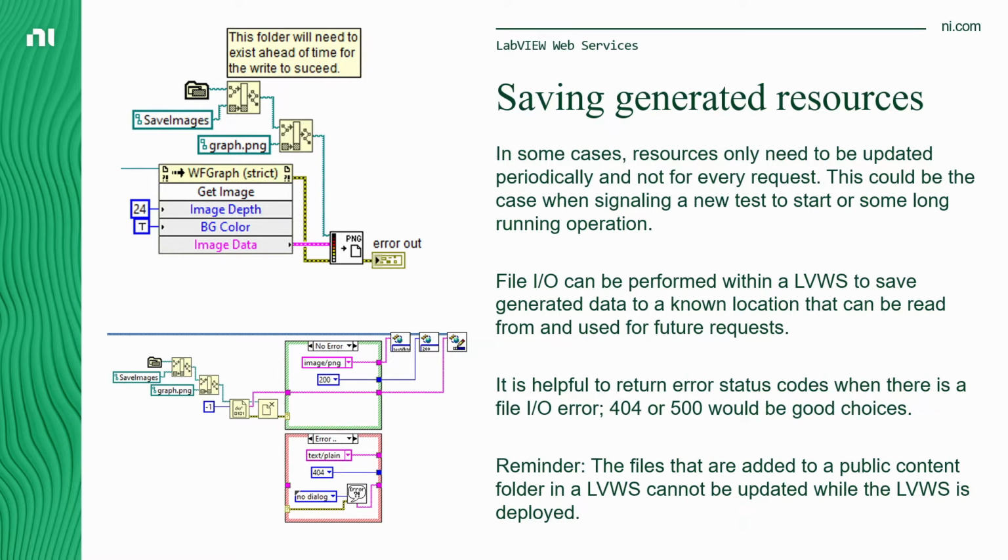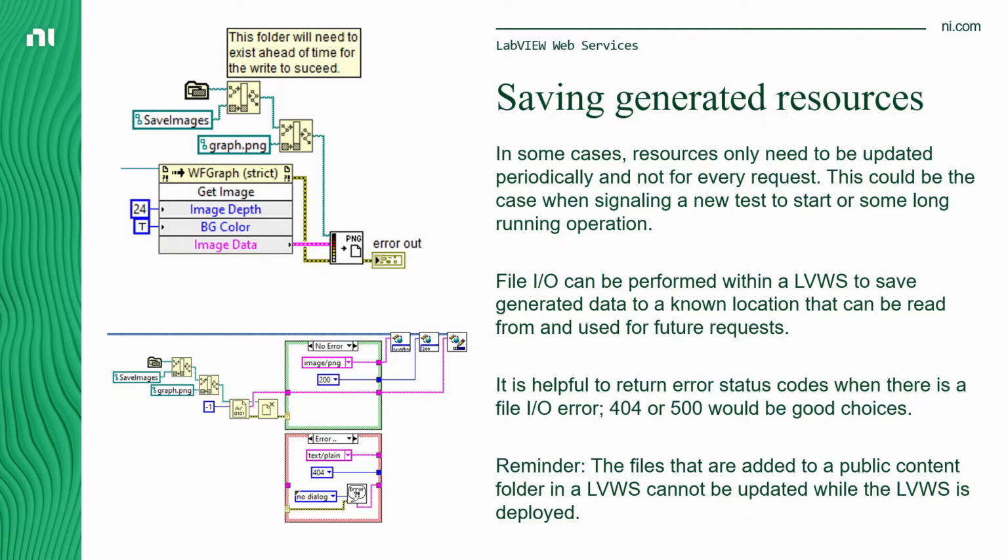For this use case, where we want to generate an image and redisplay it multiple times, such as if we're starting a test and generating data that only corresponds to the start of that test that may run for weeks or more, and we just want to keep redisplaying that same data, we can use file I/O to save that data to disk, which we can then retrieve from disk in subsequent requests, which will be much more efficient.